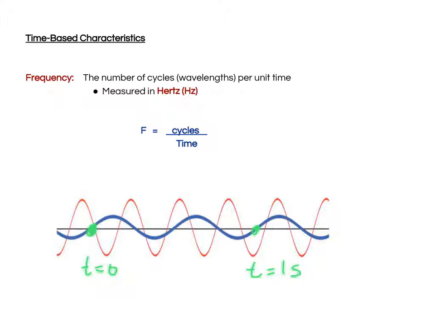So if I were to look at the frequency of my red wave, I can see that in that same time period, I have a far greater number of wavelengths or cycles, right? See, here's 1, 2, 3, and a bit. So my frequency in that 1 second time period would be 3 and a bit per second. So the unit that I use, cycles per second, is really what we refer to by definition as a hertz. So the unit for frequency would be the hertz.